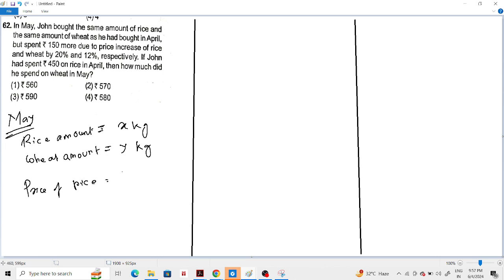So price of rice, I can take, say rupees, with the same amount of rice, okay.